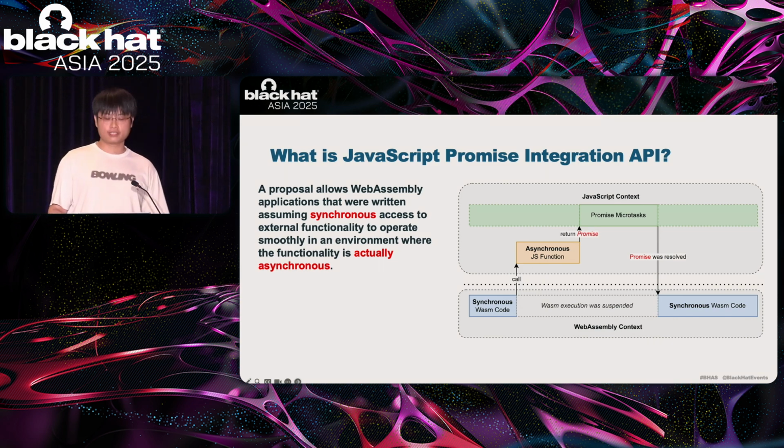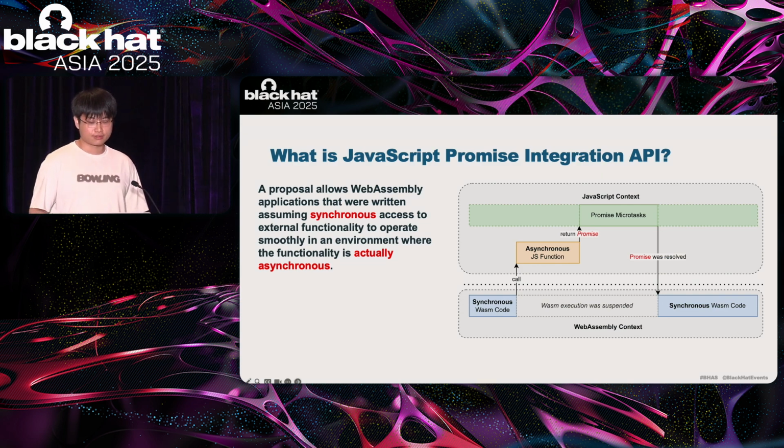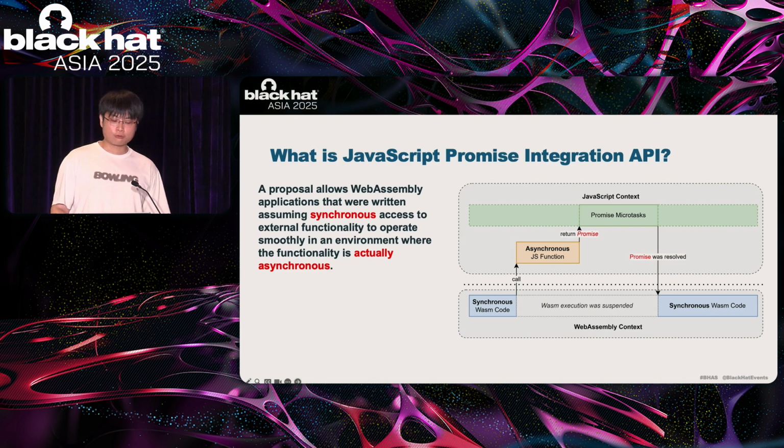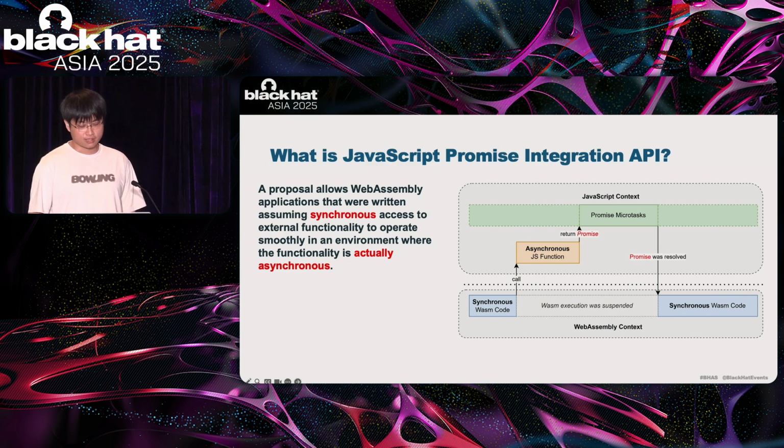Proposed in 2024, JSPI introduces an innovative mechanism that allows WebAssembly code to synchronously invoke asynchronous JavaScript functions. The JSPI workflow operates as follows. When WebAssembly calls an asynchronous JavaScript function, instead of immediately returning a result, the function returns a promise.